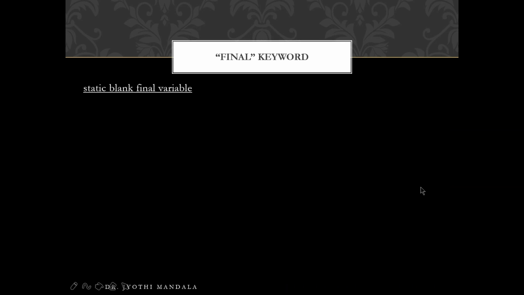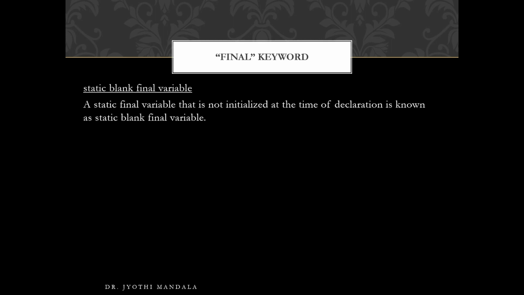One more point you need to understand is static blank final variable. That means a variable can be a static variable and a variable can be a final variable also. Now an uninitialized static final variable is nothing but a static final variable whose value is not initialized in the program. Such a variable is called a static blank final variable.